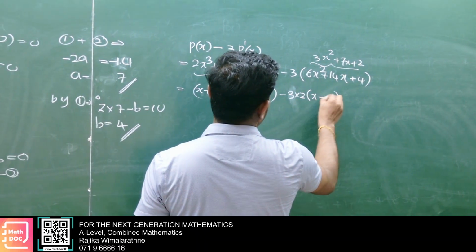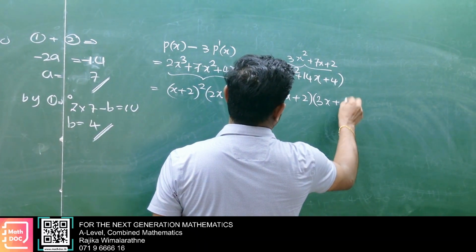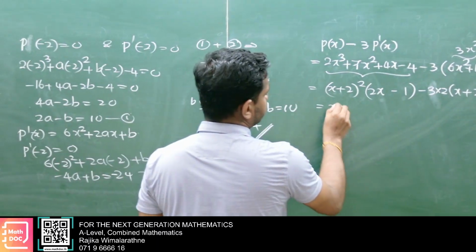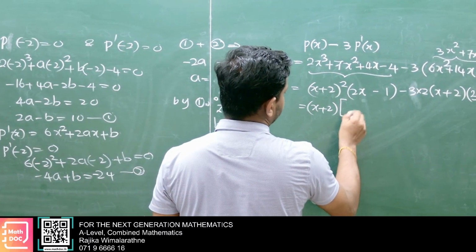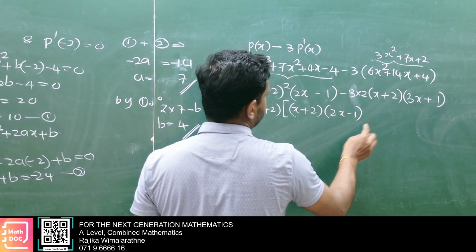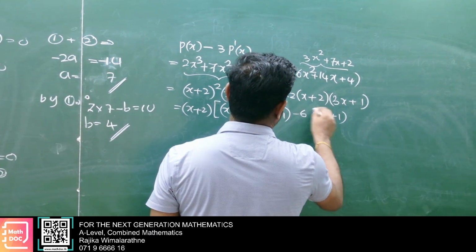Then definitely here we have the factor x + 2. Then 3x + 1. Now x + 2 is a common factor, take it outside: (x + 2)[(2x − 1) − 6(3x + 1)].